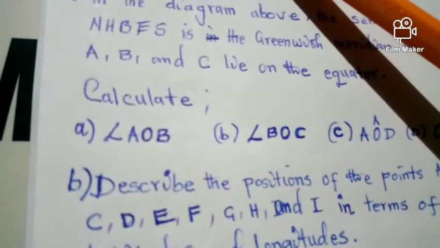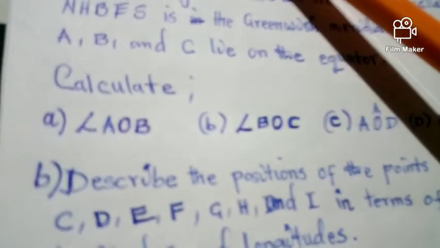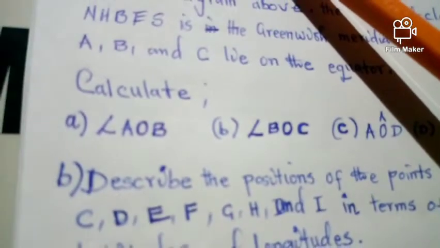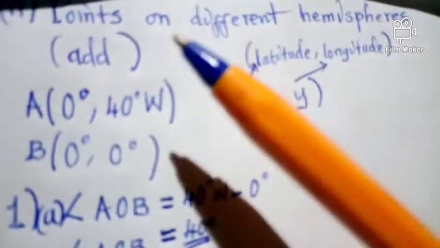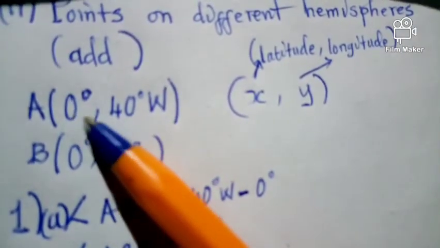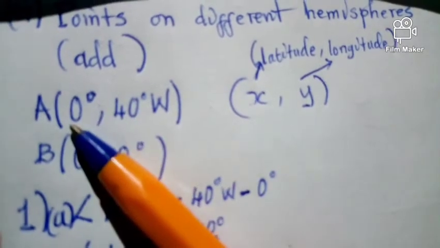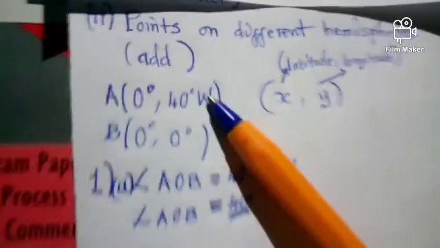So first, I've said you identify the point. So the point A is latitude 0 degrees, then longitude what? West, 40 degrees west. So this is the point A. Okay, 0 degrees, comma 40 degrees, which is the longitude.